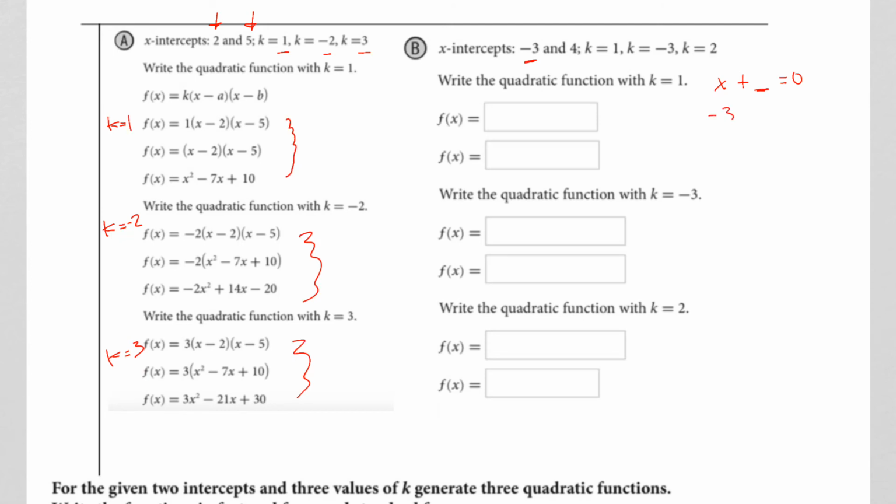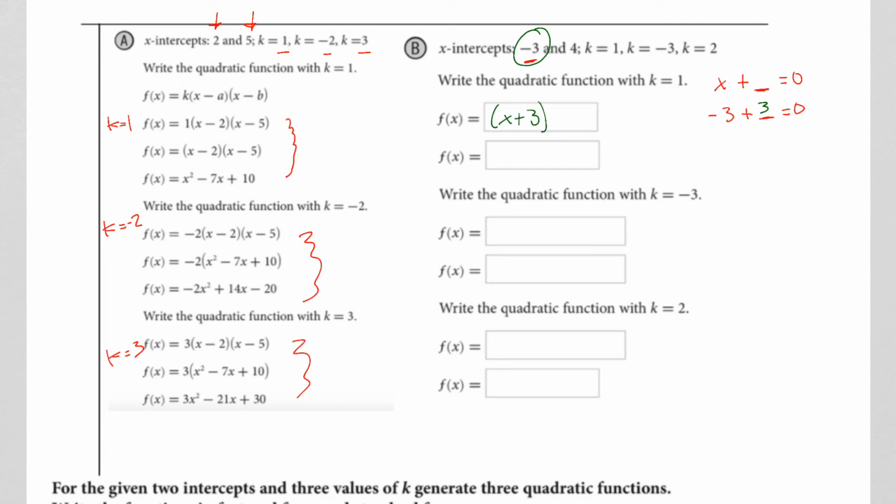So negative 3 plus what equals 0? That would mean this here would have to be a positive 3. So the factor we're looking at with the x-intercept of negative 3 would be x plus 3.